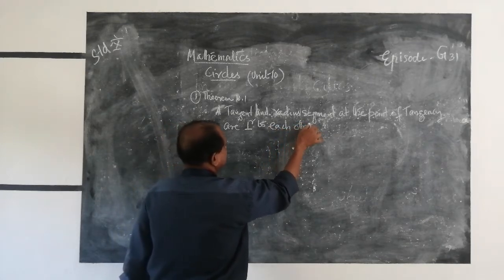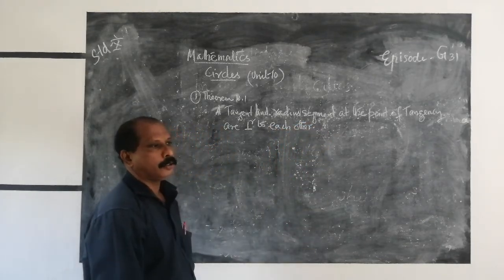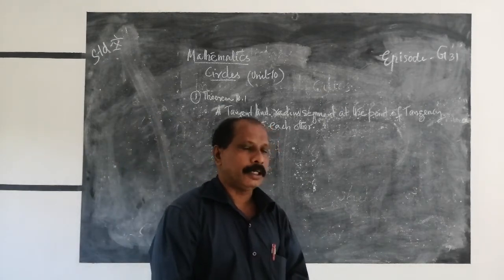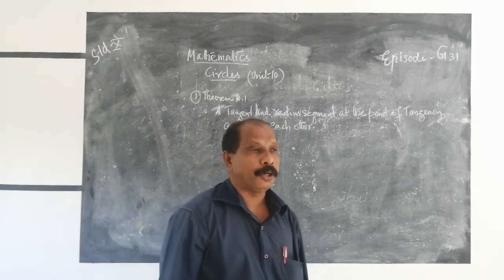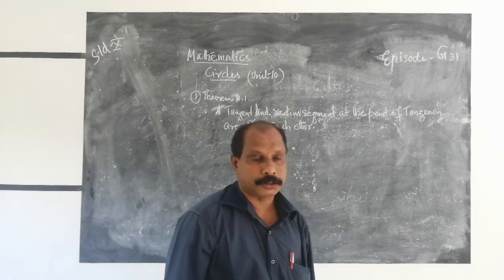That is the first theorem for the tangent to a circle. That means any tangent and the radius segment at the point of tangency are perpendicular to each other.